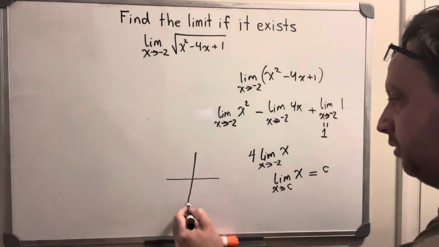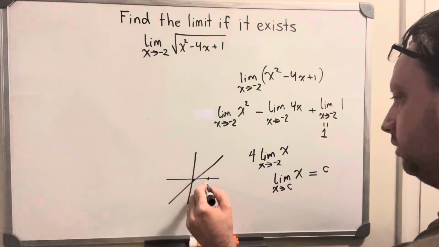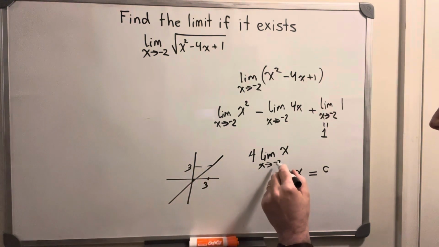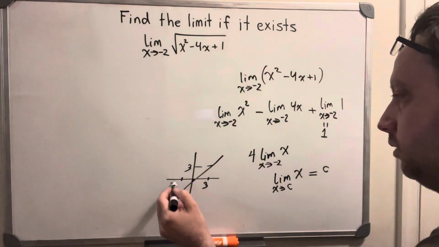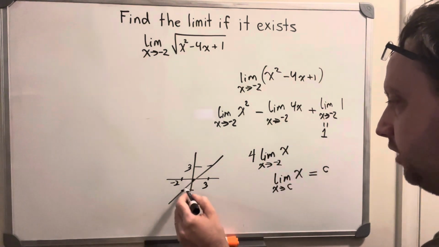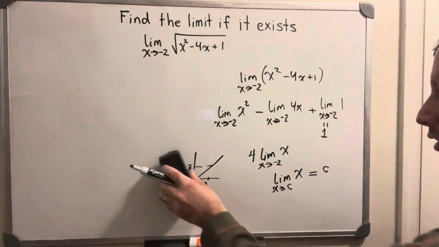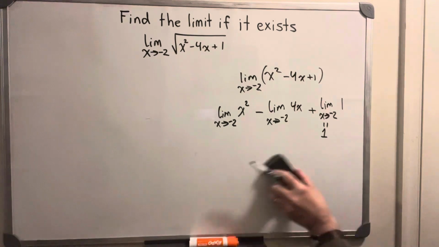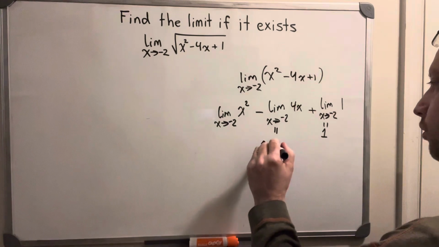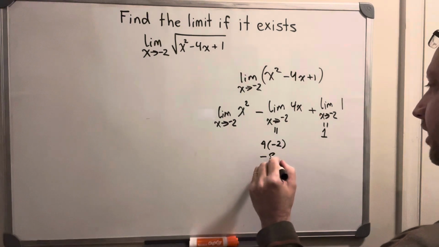Obviously, you can formally prove this. So put that all together. That means that this is equal to 4 times -2, which is -8.